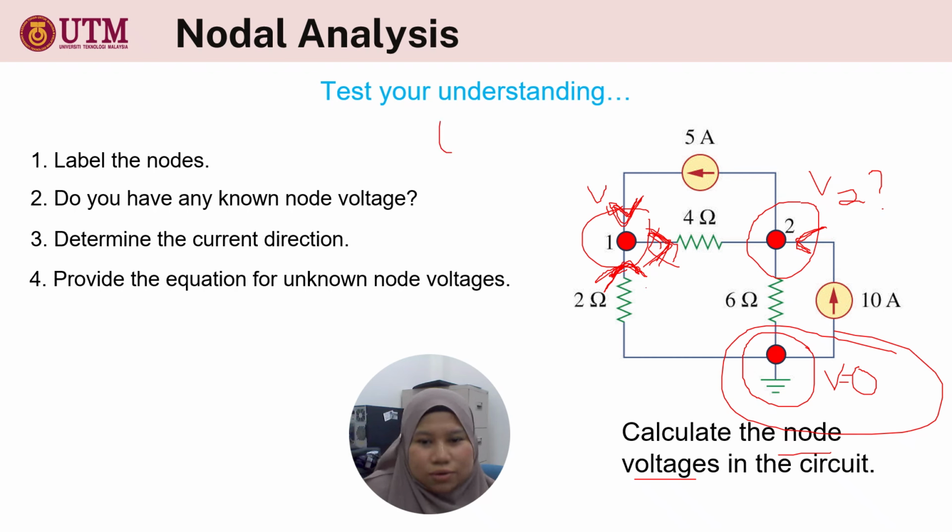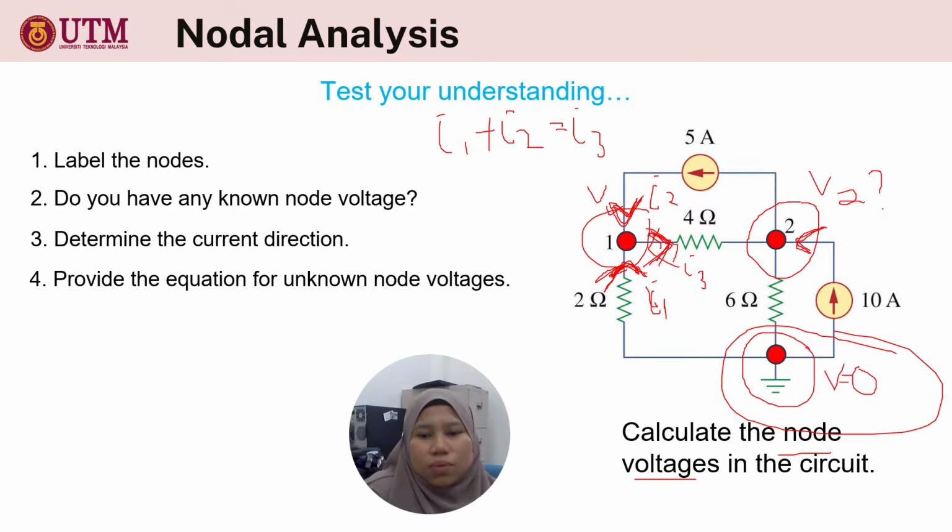Look, for example, this is I1, this is I2, and this is I3. So what is your KCL equation? I1 plus I2 equal to I3, because I3 is leaving.